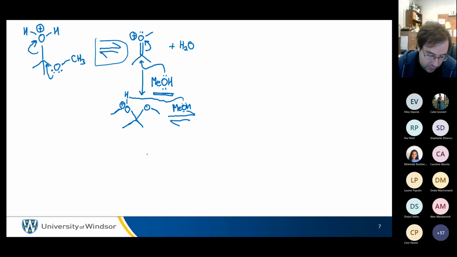So I'm going to use methanol to strip that final proton off. And I have this thing which looks a little bit like a guy lifting something, except he doesn't have a head. I have no idea what this looks like. Maybe an X-wing. So I've made my product.